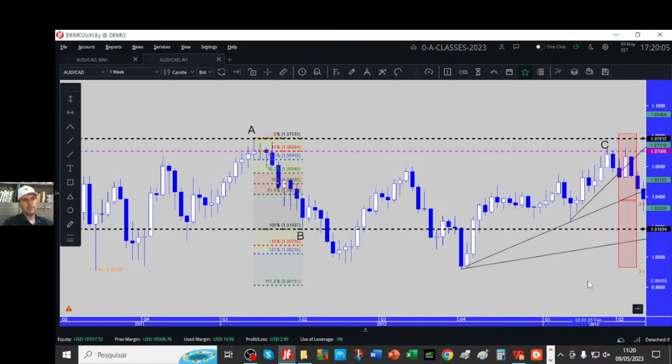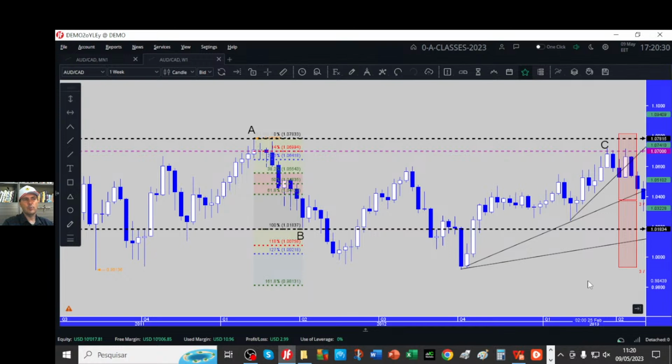If I enter at the second counter trend line break and if I put the stop loss above the A, can I take this trade? Yes or no?